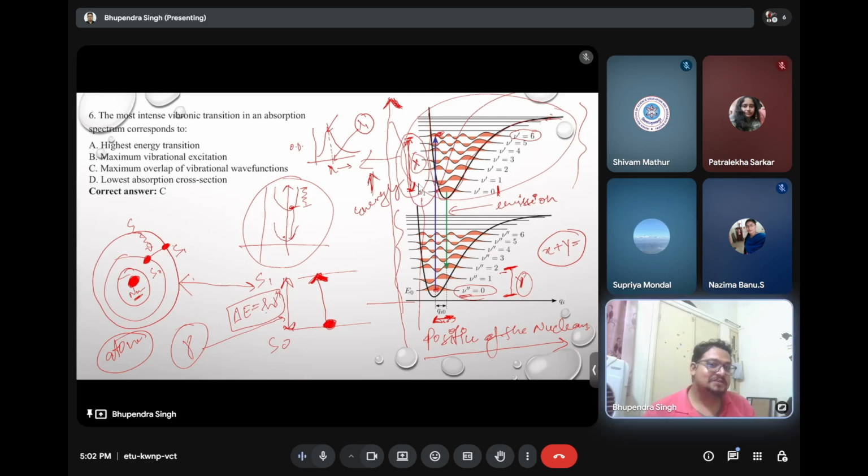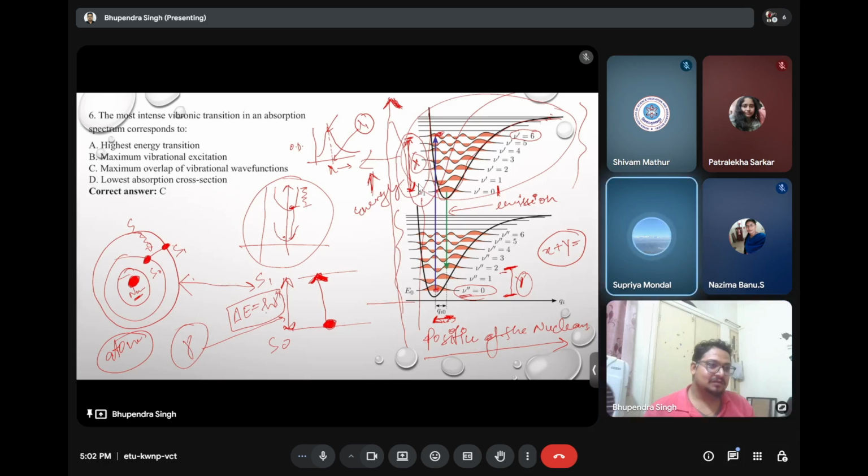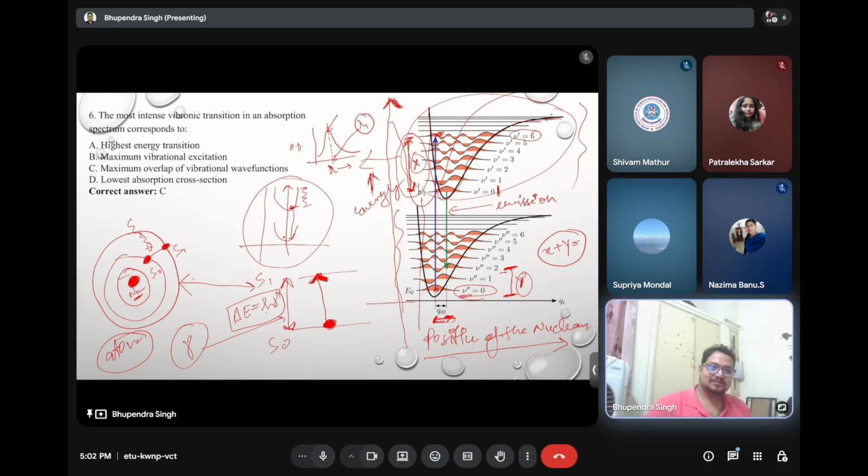So the x-axis is what? Position of the nucleus. It is not the vibration. It is the position, not the vibration.